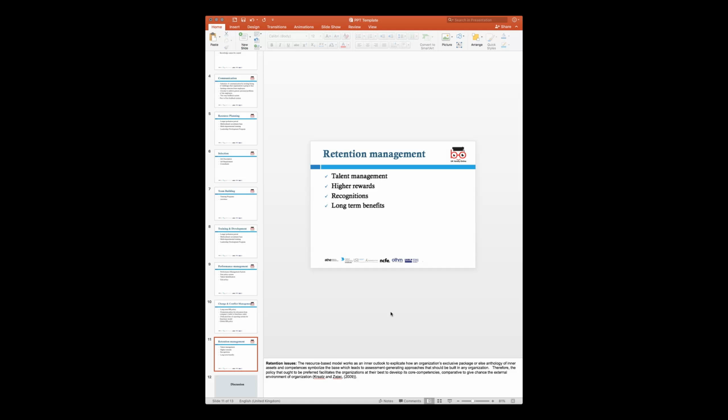When you have employees performing exceedingly well, you know that the competition can approach those employees and poach them into their organizations, because they feel that a performing employee coming into the organization is generally able to contribute much more and align much better with the aims and objectives of the organization.